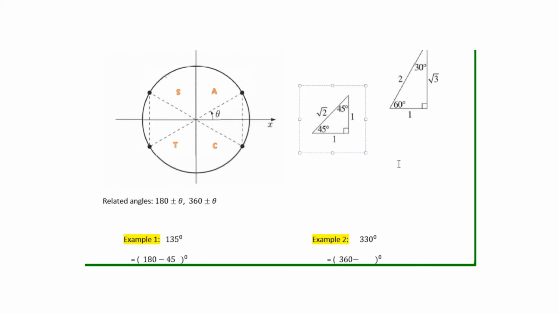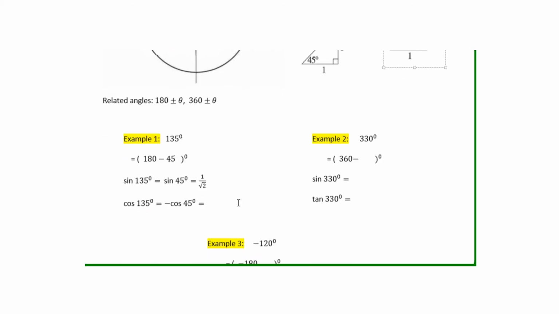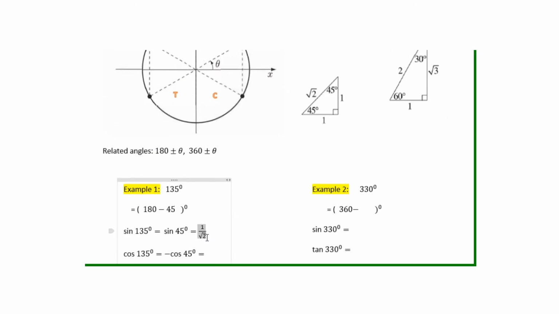We're going to use this triangle to work out the cos value of 45. So let's pick cos 45 over here. Cos is A over H. So again, it is 1 over root 2. But remember, we said it's going to be negative. So the exact value is negative of 1 over root 2.